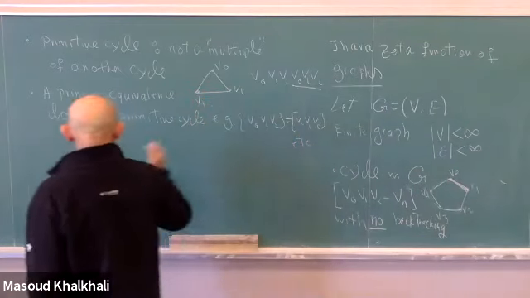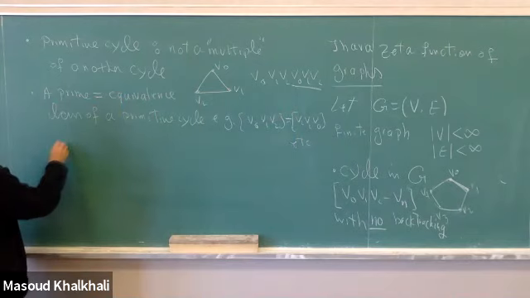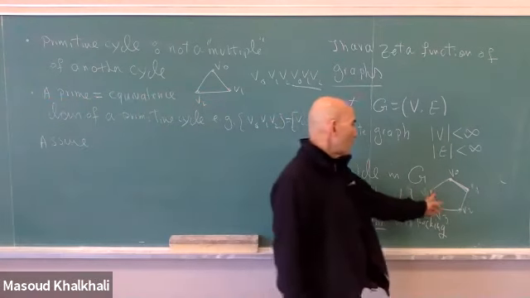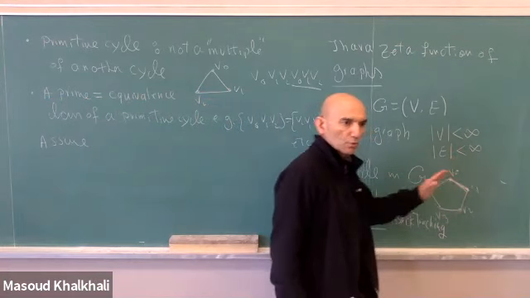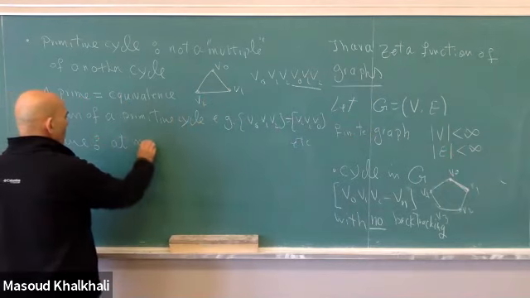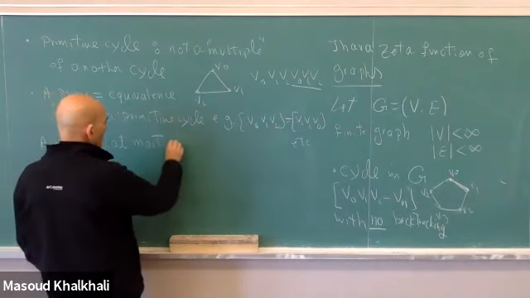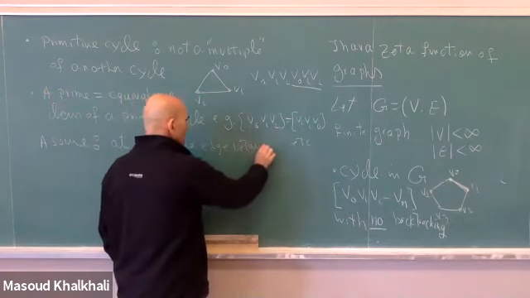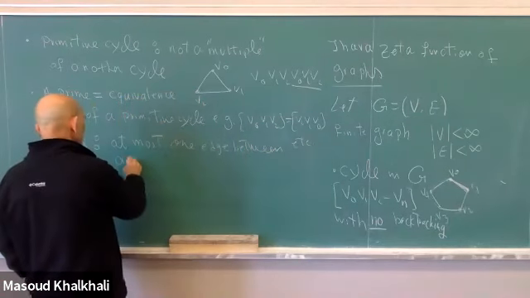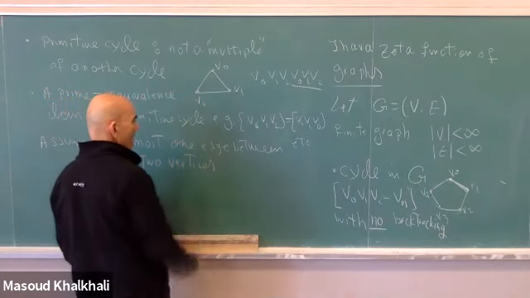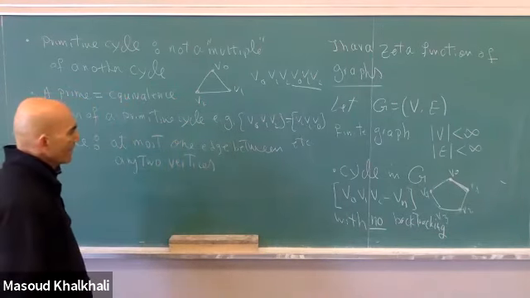Okay, now the conditions. Jeremy had this question, good point. So conditions on G: assume that for any two vertices, there exists at most one edge between them.